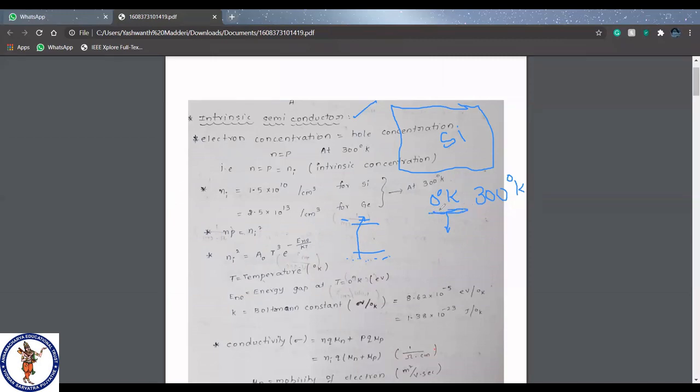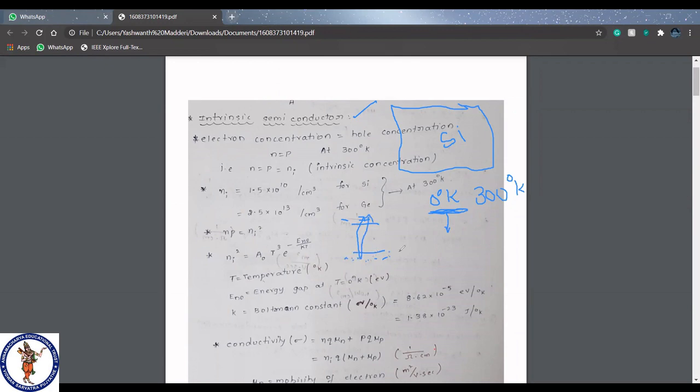But at 0 kelvins, we are not applying any additional electric field, which is nothing but voltage, to move electrons from the valency band to the conduction band.